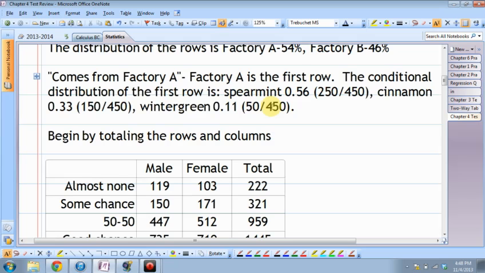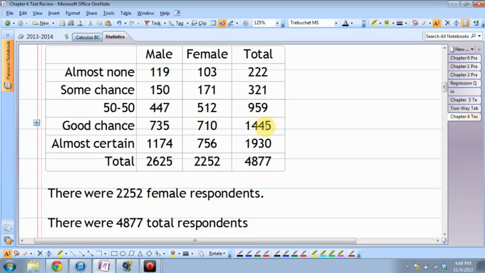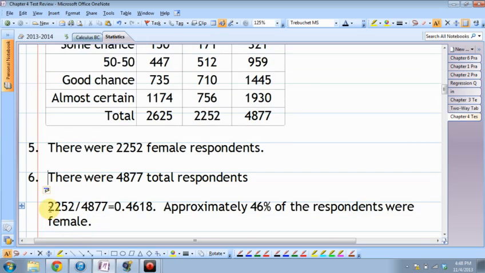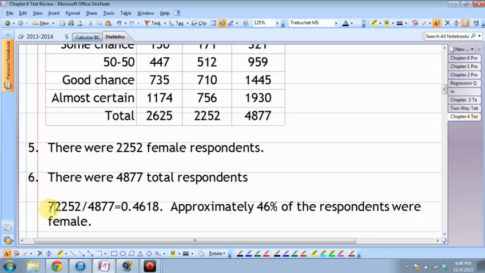Okay. Let's take a look at the next few questions. You have a chart. You don't have the totals. You're going to have to get those totals somehow. So here they are. How many respondents were there? How many female respondents? 6. How many total respondents? 7.